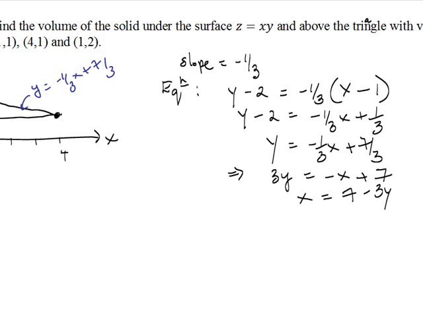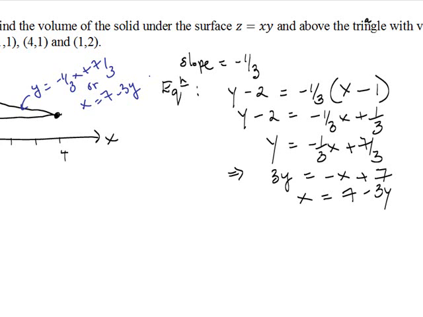So this is my line. This can either be vertically or horizontally simple. If you don't like the fractions, then I would choose horizontally simple, x equals 7 minus 3y. So whichever equation's cleaner is the one we should go with.